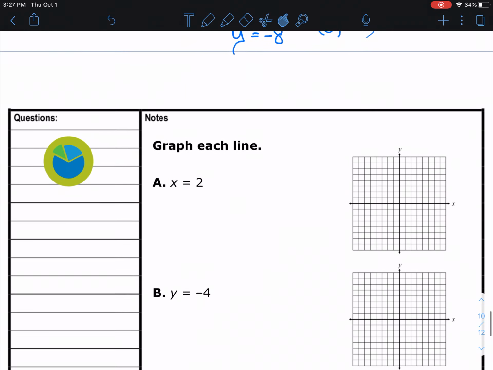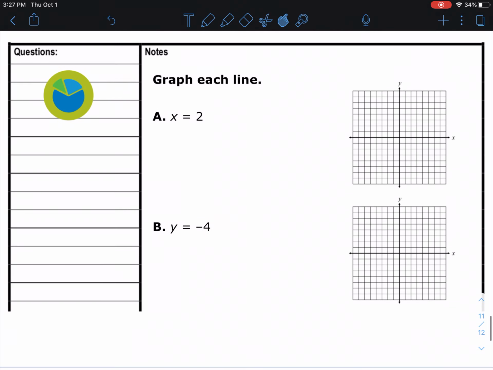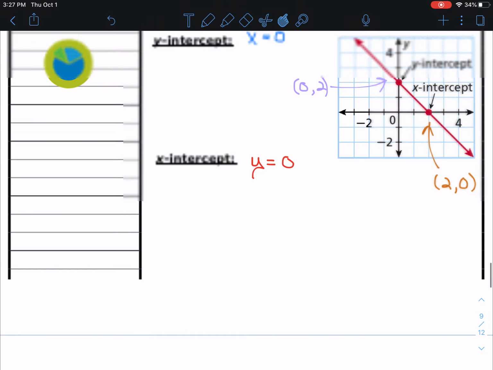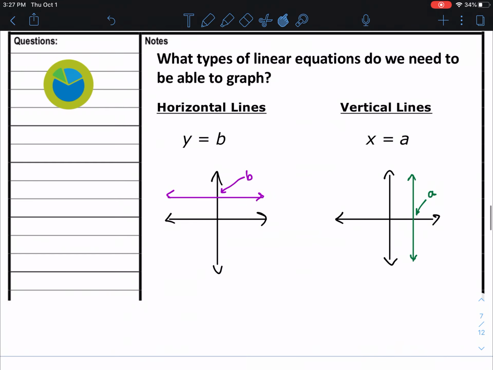Now, here are special lines that we talked about previously. So remember, let's go back to that slide. Here's our special kind of lines. Horizontal lines, y equals b. Vertical lines, x equals a.